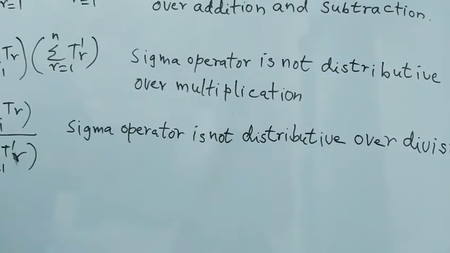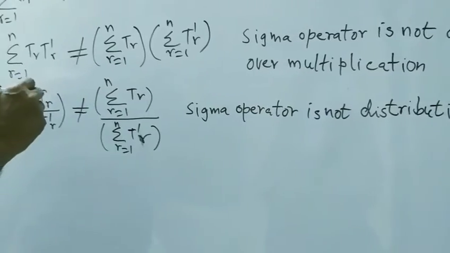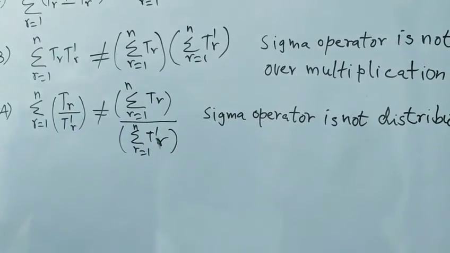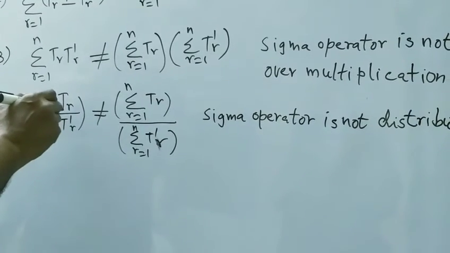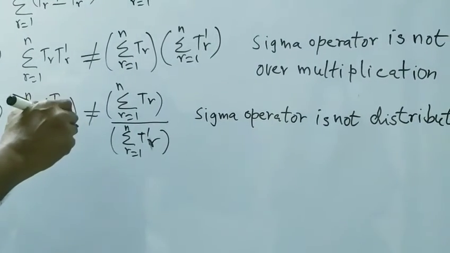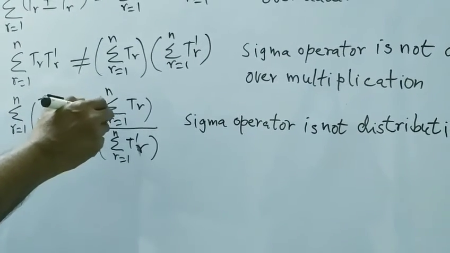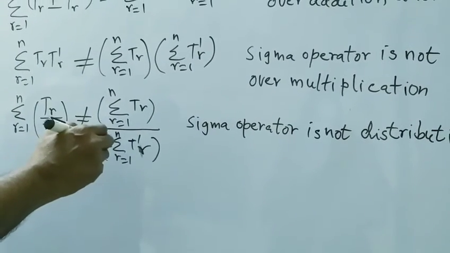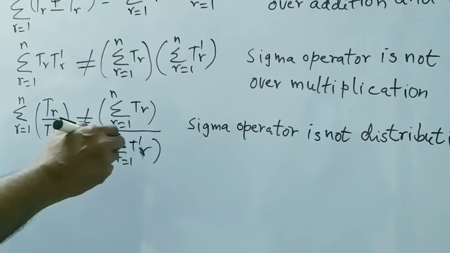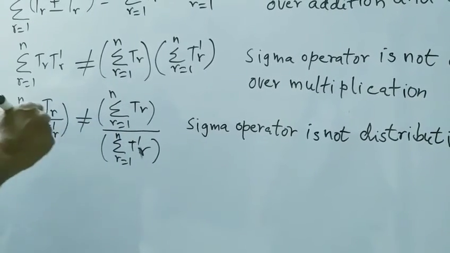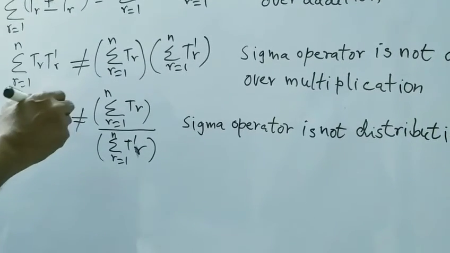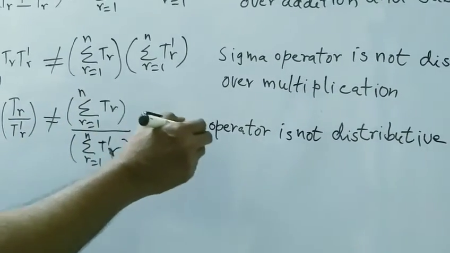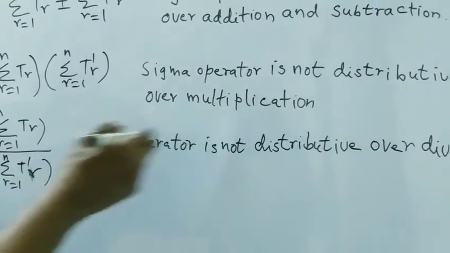In this, sigma r is equal to 1 to n, tr by t dash r, does not equal summation of r is equal to 1 to n tr divided by summation of r is equal to 1 to n t dash r. So in this also the division is not possible. Why? Because the sigma operator is not distributive over division.